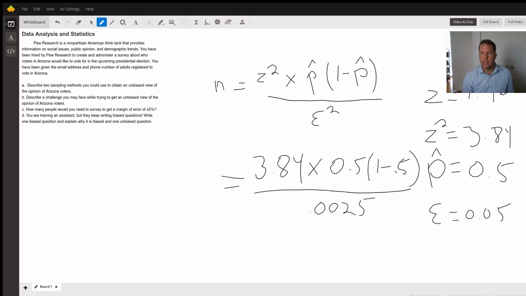Well, z is essentially the confidence level we want. In this case, we want to be 95% sure. It's a little more complex than that. We want a very high degree of certainty that the number we're calculating is indeed the true number. The p hat is the proportion.